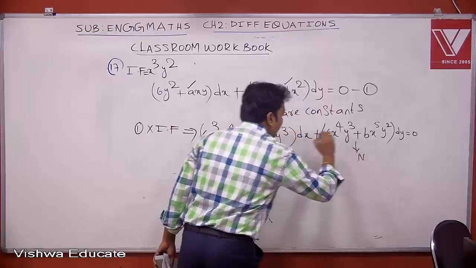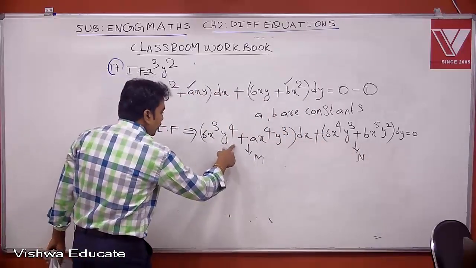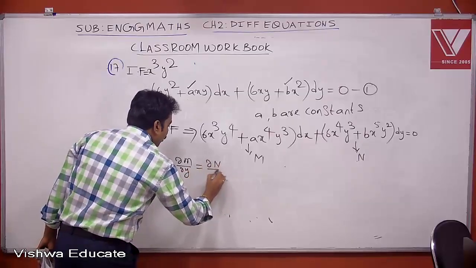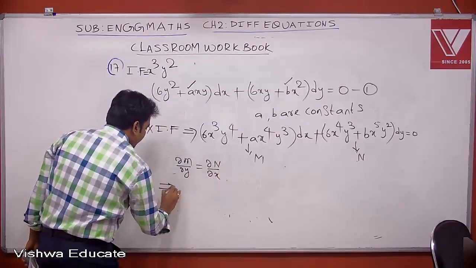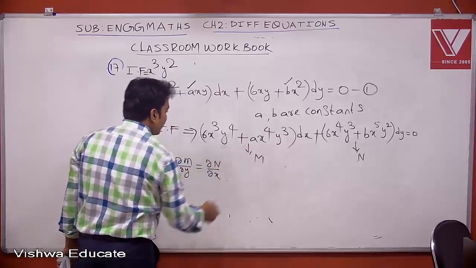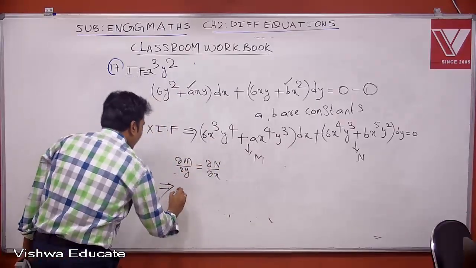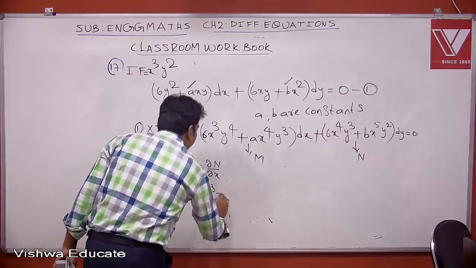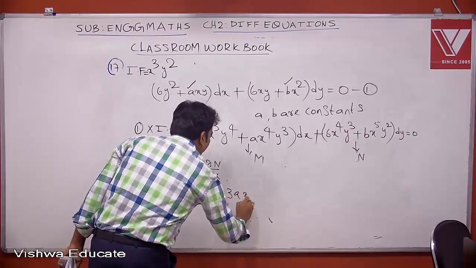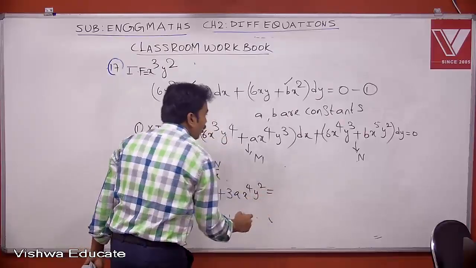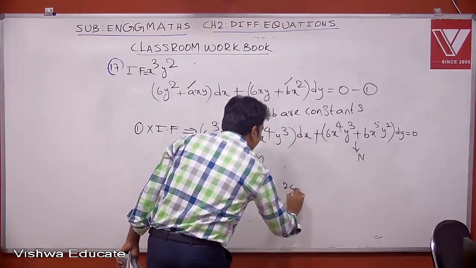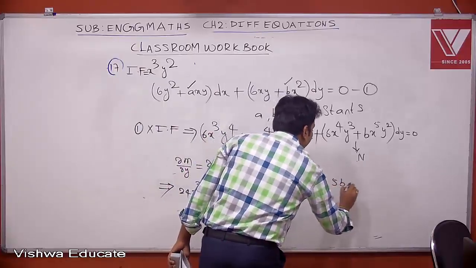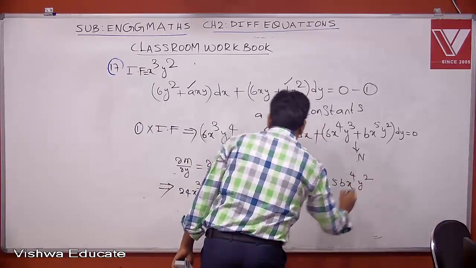Since it is multiplied with an integrating factor, this equation becomes an exact equation. So dou M by dou y must be equal to dou N by dou x. Let us find dou M by dou y. So dou M by dou y equals 24x cube y cube plus 3a x power 4 y square, equal to dou N by dou x, which is 24x cube y cube plus 5b x power 4 y square.